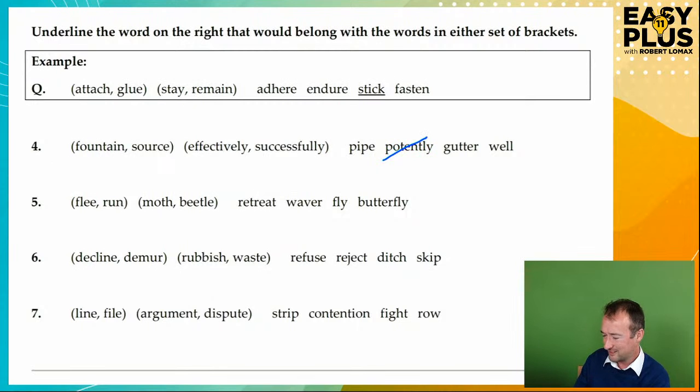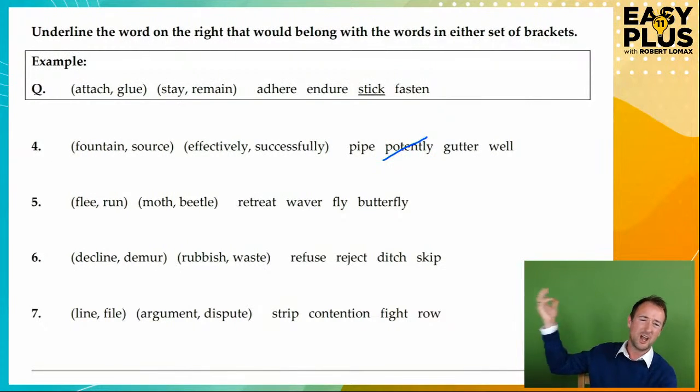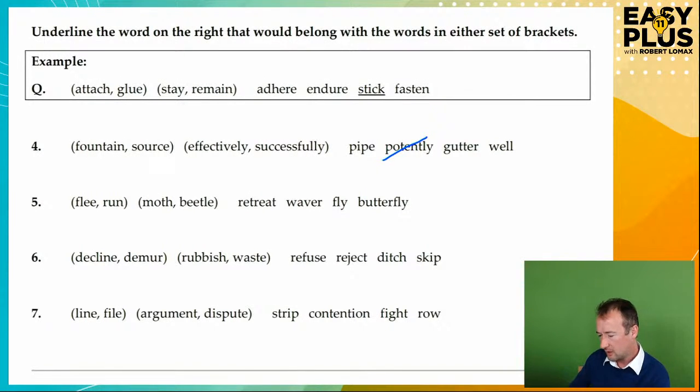Fountain, source, gutter. You wouldn't normally think of a gutter as something that water comes from. You think of it as something that collects water, but we can't completely rule it out. Well, no, well, he did it well, that isn't... Hang on a second. Isn't a well also a place that you can take water out of? So actually that would go.